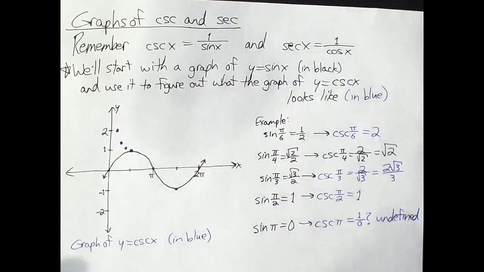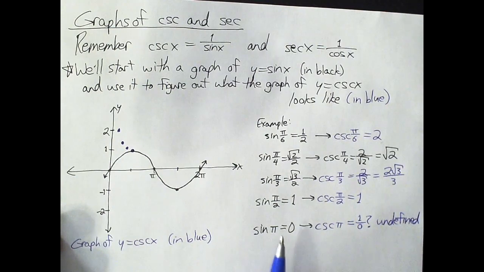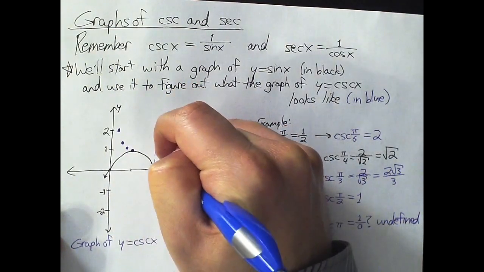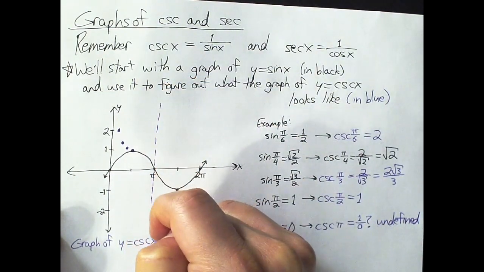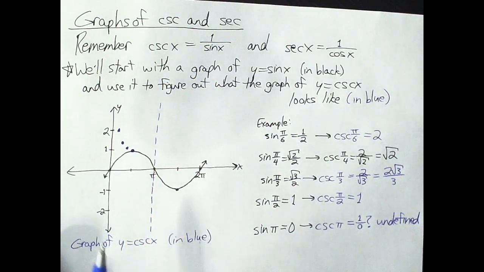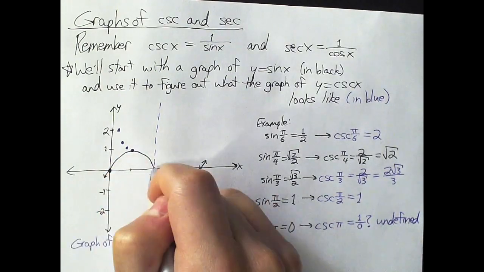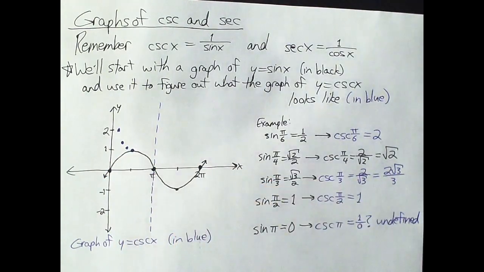And similar to when we did tangent and cotangent just a few minutes ago, this is going to represent itself in the picture as a vertical asymptote, and it's going to happen at pi. So at pi, I have a vertical asymptote. In fact, I think we could say that anywhere that the graph of sine crosses the x-axis, those are the places where sine equals 0.